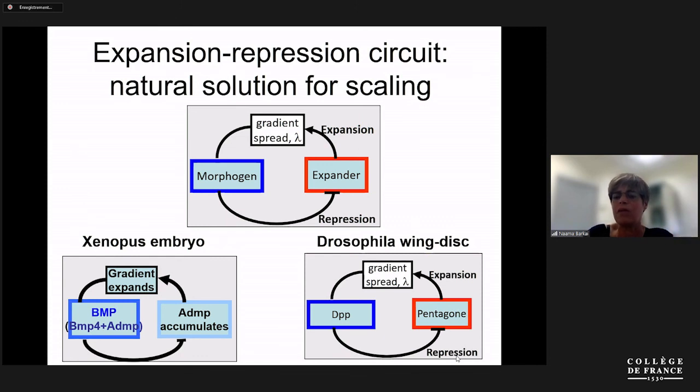This is on one side. On the other side, morphogen gradients are also there. It's also clear. So this challenge of linking those two together, having a morphogen system that is capable of scaling, is a great challenge, and I would argue it really constrained the possible mechanisms for generating morphogen gradients.